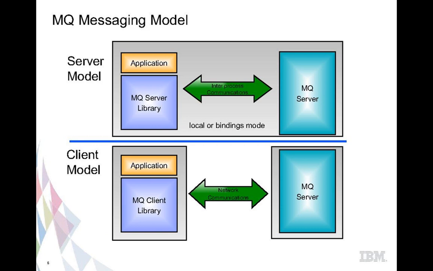The second messaging model is the client model, where we have the MQ server running on one computer and the client running elsewhere, and they establish a network connection, and then the sending or receiving of messages happens over the network. So in the first case, there is no network involved. It is on the same computer, and it happens via shared memory. In the second case, it's over the network.